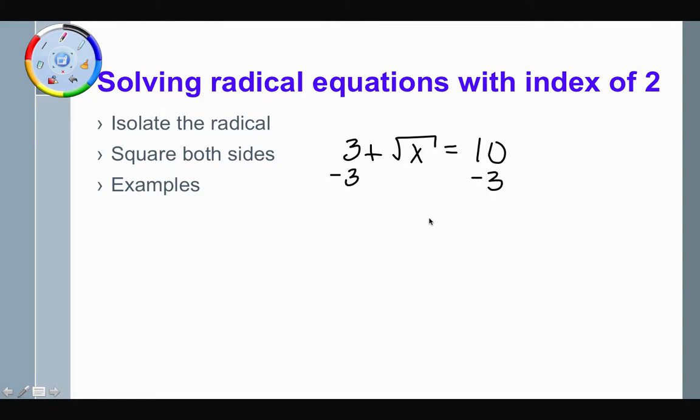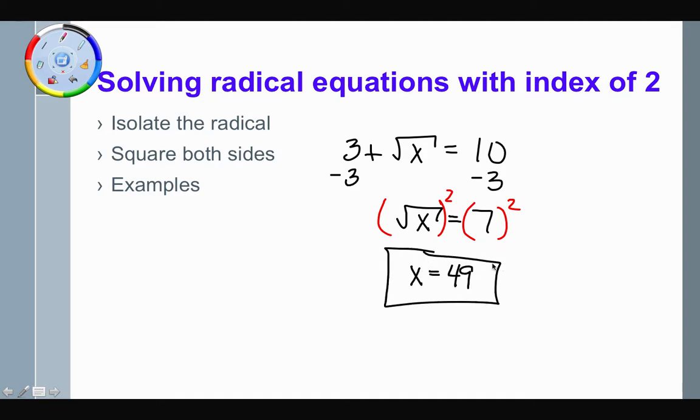We're going to subtract 3 from both sides, and we're left with the square root of x is equal to 7. And then we are going to square both sides. This is the idea of squaring to undo a square root. When we square both sides, we get x is equal to 49.